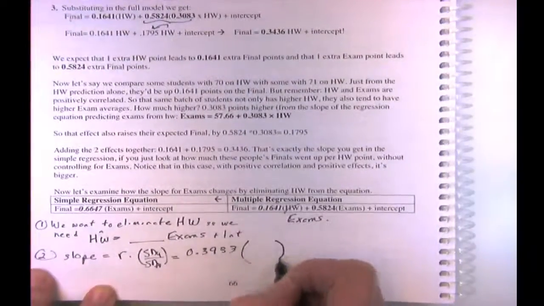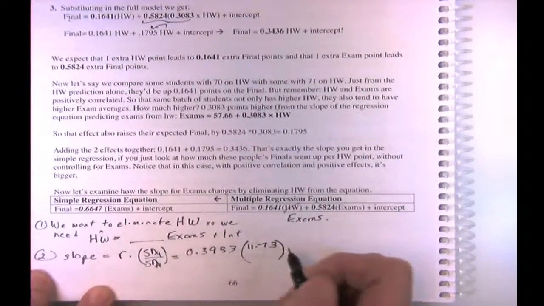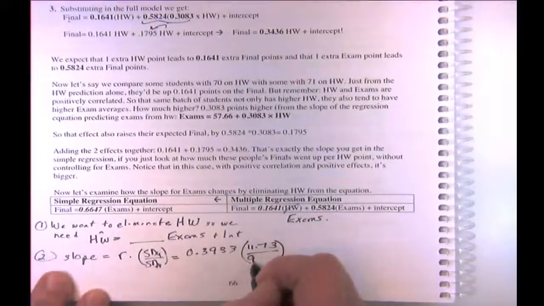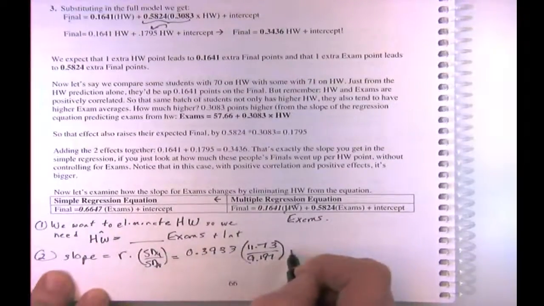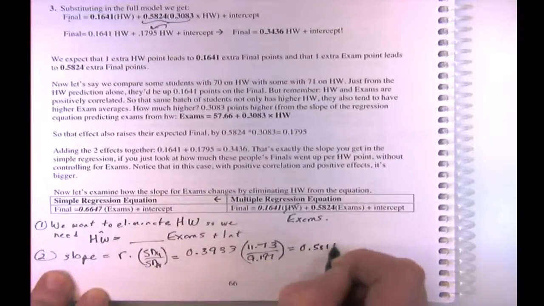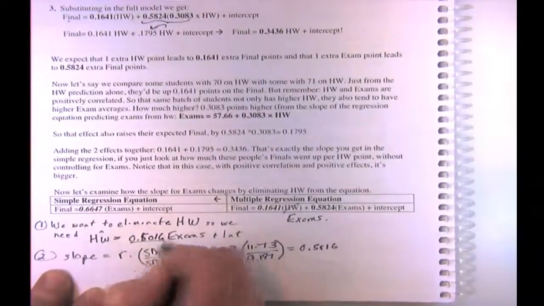But now, we're just going to say 11.73. That's the standard deviation of homework over 9.197. And I got 0.5016.